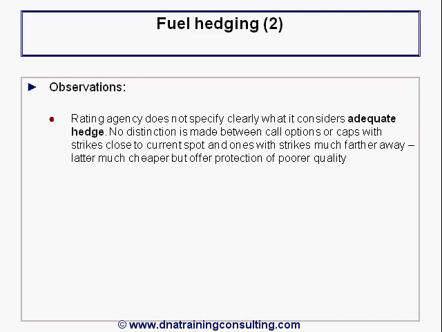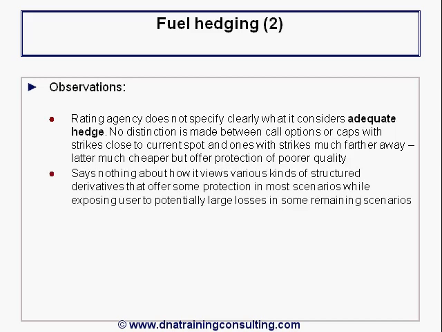Observation 2. The rating agency says nothing about how it would view various kinds of structured derivatives, but presumably would frown upon hedges, common in certain regions and industries, that offer some protection in most scenarios, while exposing the user to potentially large losses in a small subset of the remaining scenarios.